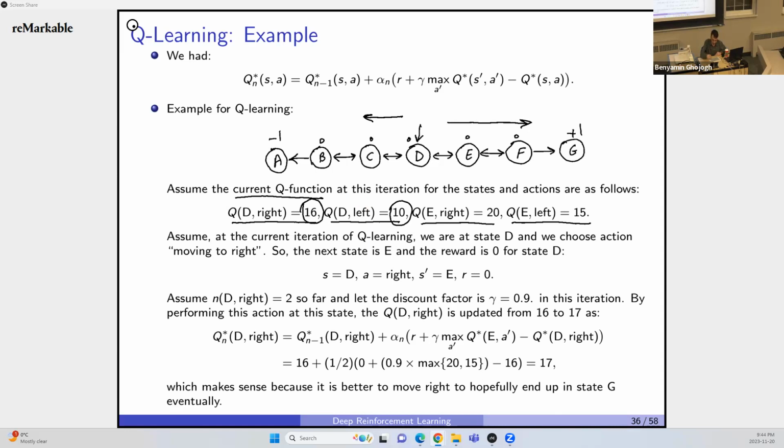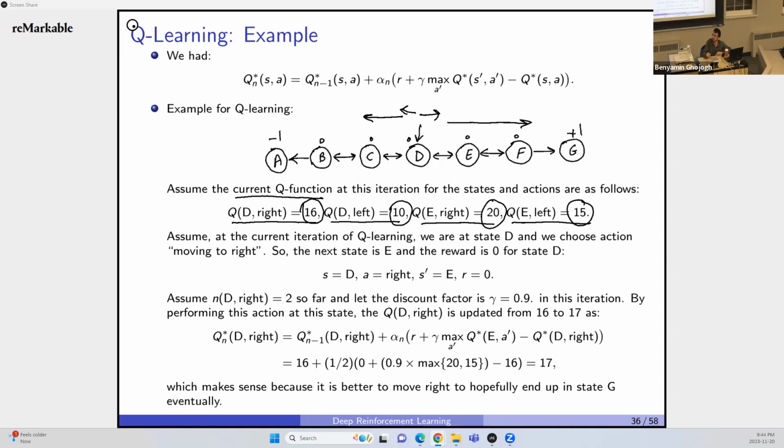Q of going right in state D is larger than Q of going left. If it was the other way around, it was an awful Q, so delta would be large. It would change the Q in a way that Q of right gets larger than Q of left. Then in state E, Q of going right is 20, Q of going left is 15.